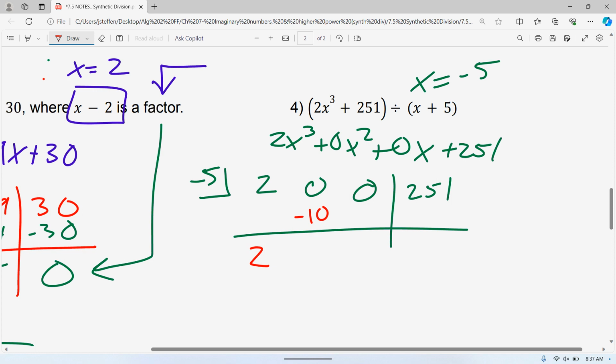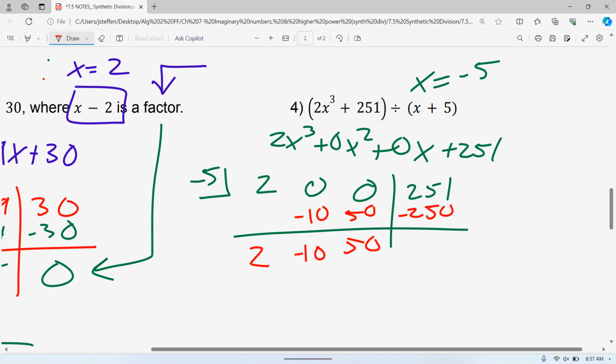It's not rocket surgery. Negative 5 times negative 10 is positive 50. 0 plus positive 50 is positive 50. Negative 5 times 50 is negative 250, which is what I was interested in.